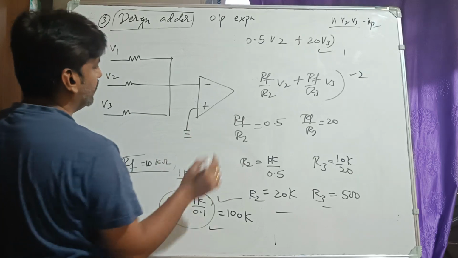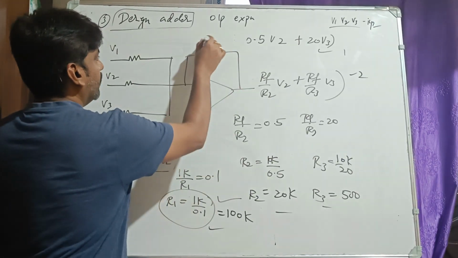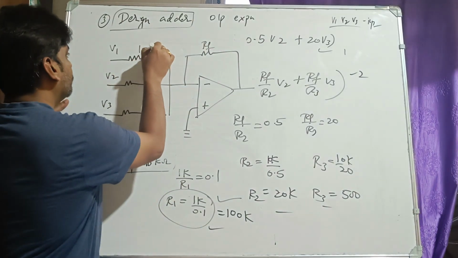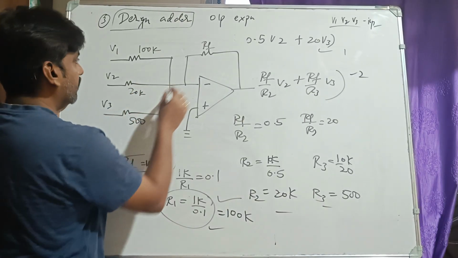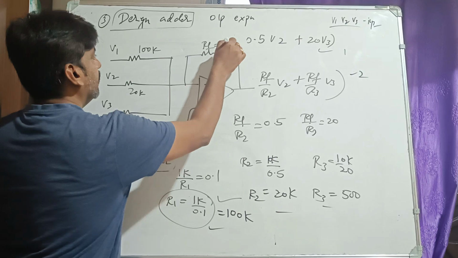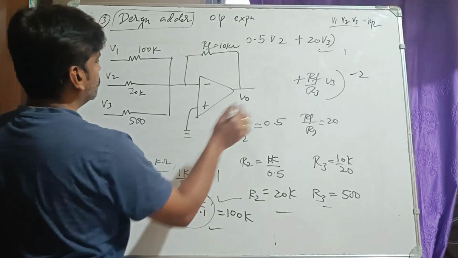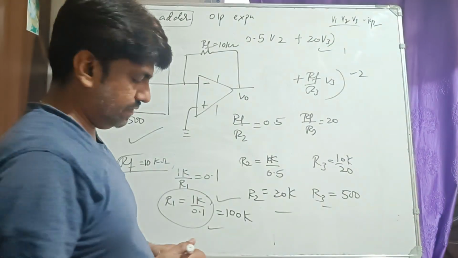The non-inverting terminal is grounded, right? So what is the feedback resistance? It is Rf. What is the value of this? We know R1 is 100k, R2 is 20k, and R3 is 500. Rf we have chosen as 10 kilo ohm. This is the output. So this is the design of the given problem, right?